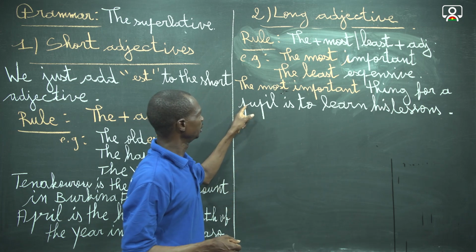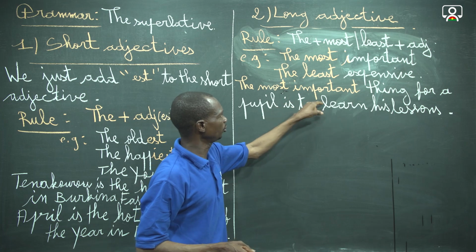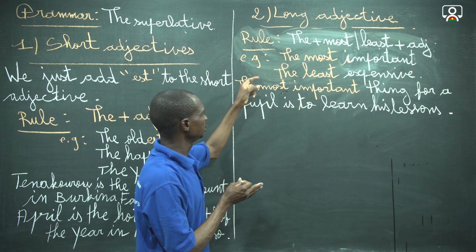Here we have the most plus important. Then we contextualize the first example.